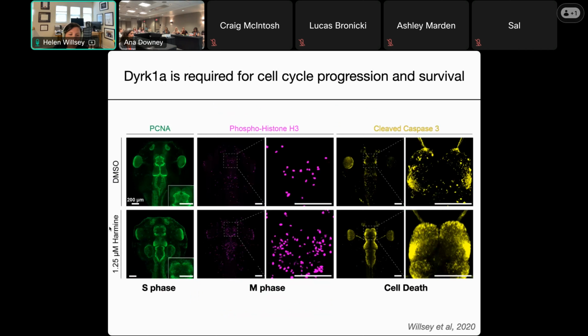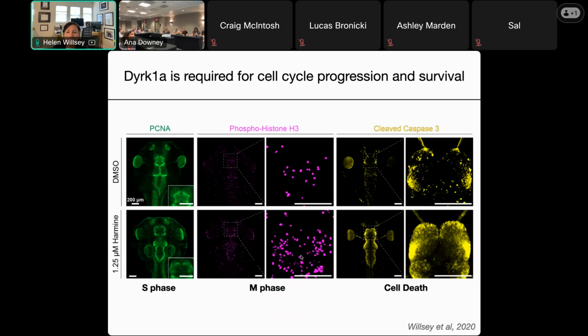So to test that, we used this chemical inhibitor of DYRK1A. It's a kinase inhibitor called Harmine, and we compared that to control animals. And what we saw was that, yes, we see disruptions in cell cycle progression. So these cells get stuck at this M phase. The M phase is the mitotic phase. It's right when that mitotic spindle is being formed and trying to split the chromosomes.